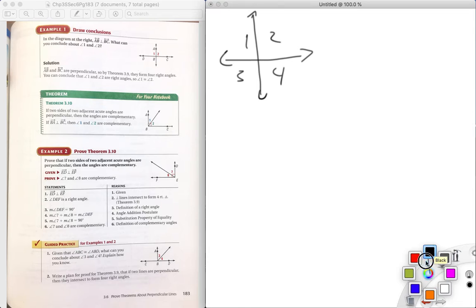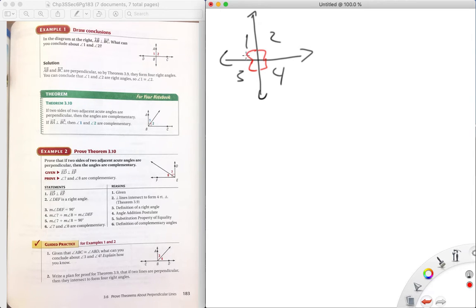When you start thinking about a plan about these, the thing that pops into my mind is I know that they're perpendicular, so I know that these guys are all going to be forming right angles.